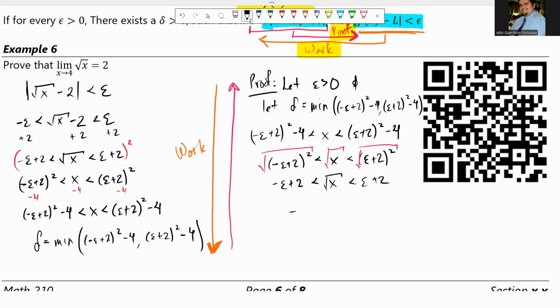Here we have minus epsilon less than the square root of x minus 2, so I'm subtracting 2 on everything, less than epsilon. And here we have our final statement: the square root of x minus 2 is less than epsilon.